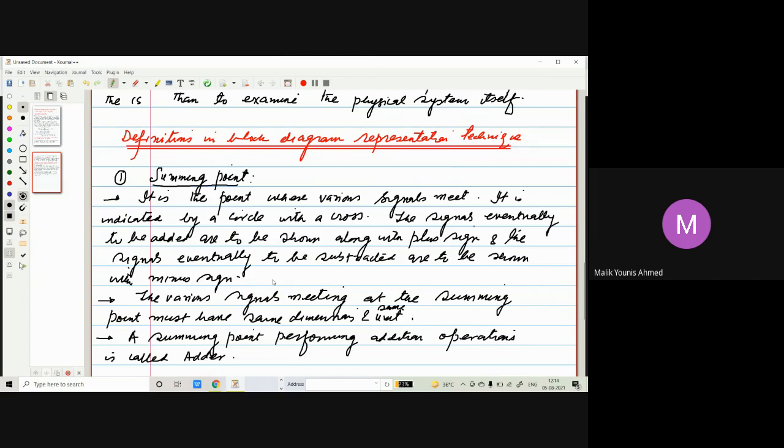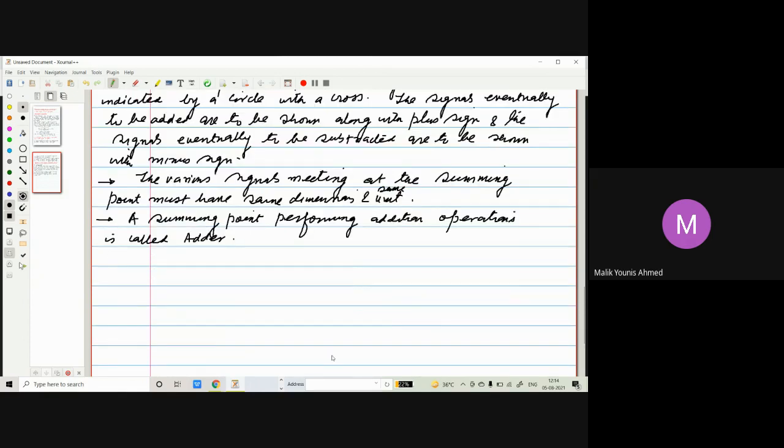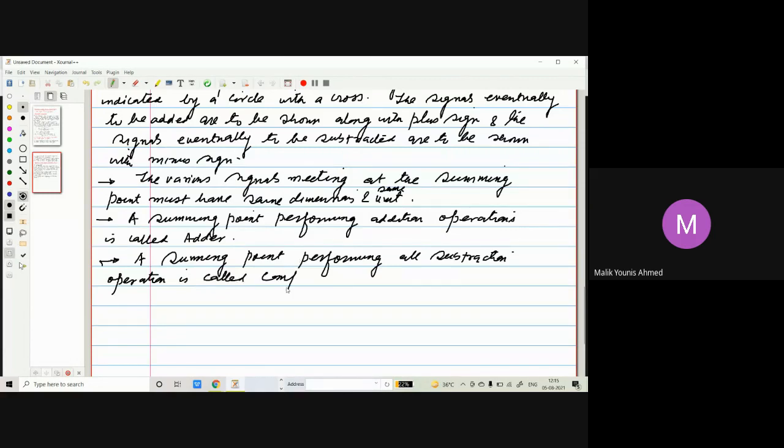And similarly, a summing point performing subtraction operations is called a comparator or subtractor.